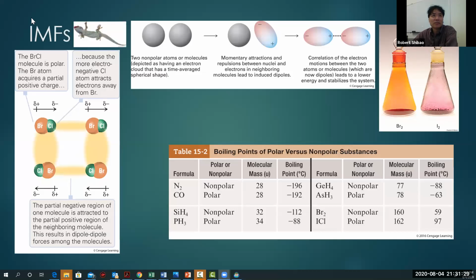Let's look at intermolecular forces. Recently there was a study about lizards. People were wondering, how can lizards climb the wall, or how can lizards hang on to the ceiling? Do they have strong claws, or what are they gripping onto?